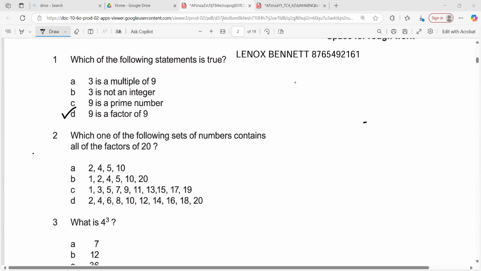So that would be correct. And it says, which of the following sets of numbers contains all the factors of 20? So we have to know all the factors, right? Let's see if I can get Chelsea. Go ahead, Chelsea.